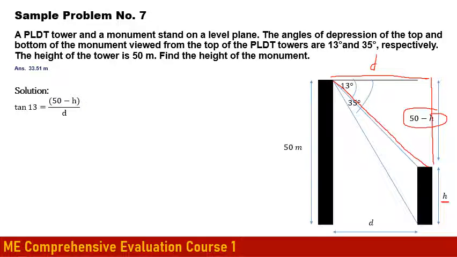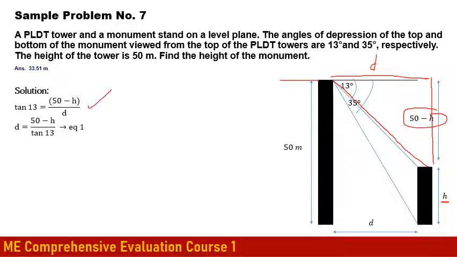We get 50 minus h because we know that this height here is 50 meters, and since this one is h, the remaining would be 50 minus h. So that's the first equation. From that, we can solve for the value of d in terms of h.